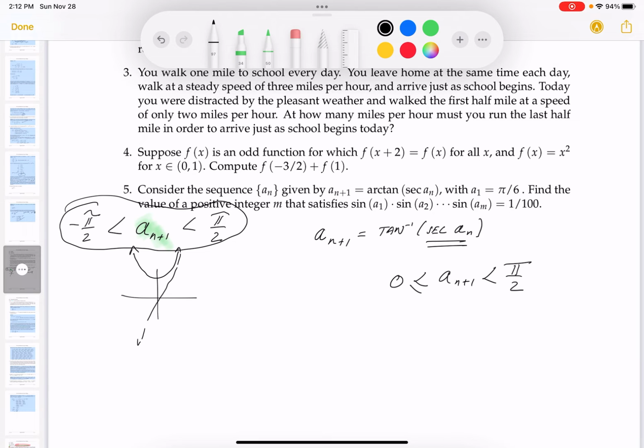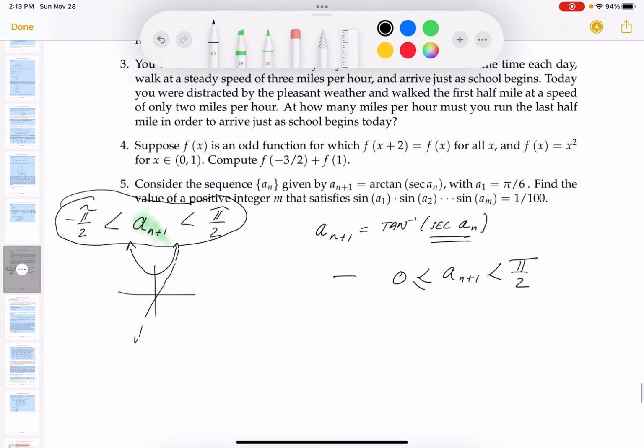So anyway, it says, find the positive integer m. Oh boy, this is going to be tough, isn't it? So let me take a look. I've got to think about it. I'm going to concentrate on this interval over here, and I'm going to say the tangent of A_{n+1} would be equal to the secant of A_n.